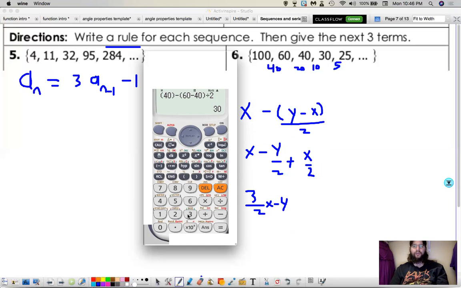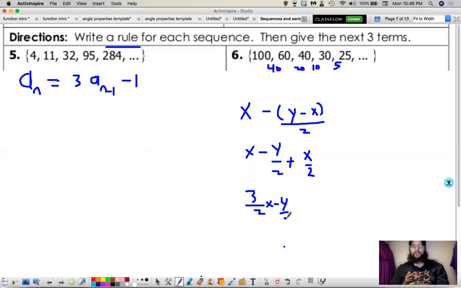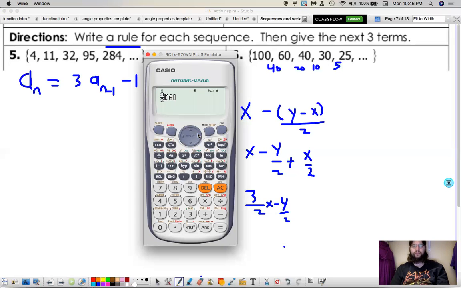So if we do 3 halves times the previous term over 2, minus the term before that over 2, that should work.